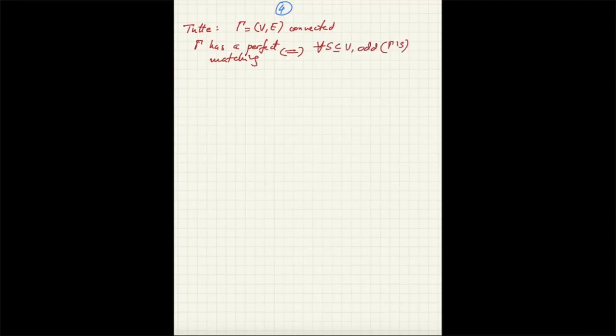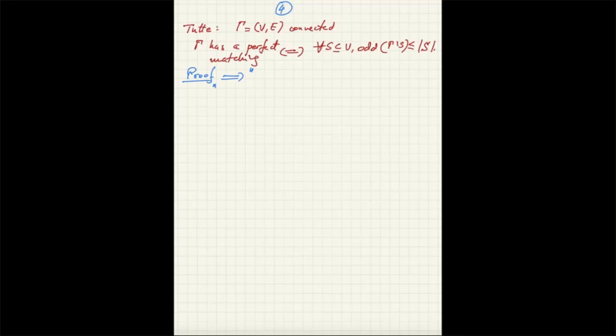So again, let me state it here. A graph has a perfect matching if and only if for any S in V, the number of odd components in gamma minus S is less than or equal to the cardinality of S. Okay. So I will just give you the implication from left to right.